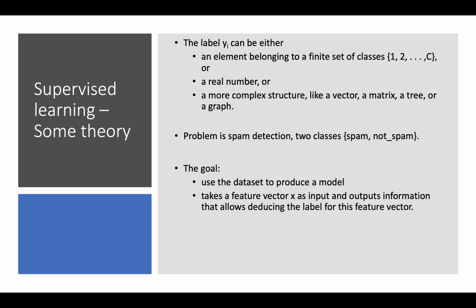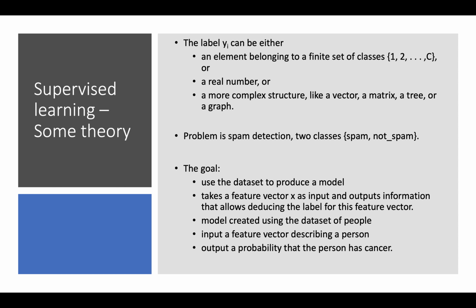For instance, the model created using the data set of people could take an input feature vector describing a person and output the probability that the person has cancer or not. So these are two different examples that we had here.